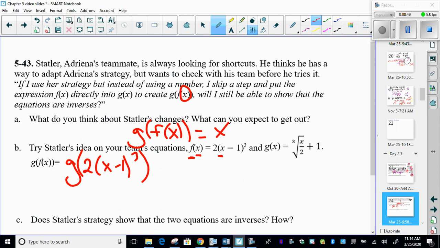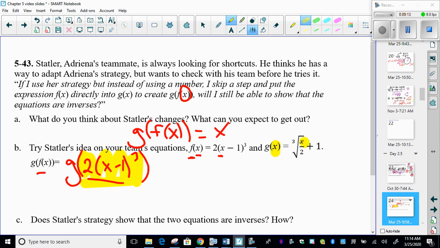That's my function. I replace f of x with my function, because that's what I get when I put x in. So now, that is the new input. So this here is the new input into my g equation. So now, instead of g of x, it's g of that input. So wherever there's an x, that mess goes in place of it.